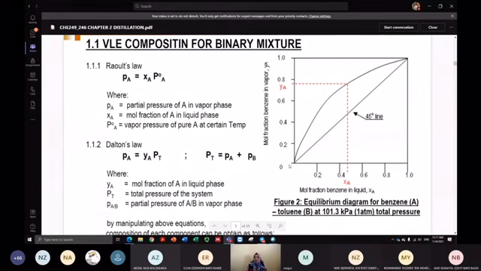The range of the mole fraction of the vapor should be 0 to 1, and the domain, the mole fraction of the liquid, should be between 0 and 1. Try your best to draw the graph over at least 70% of the area of your graph paper.